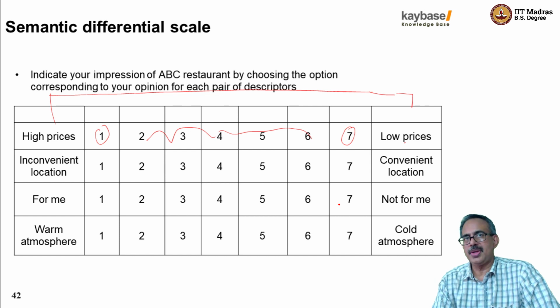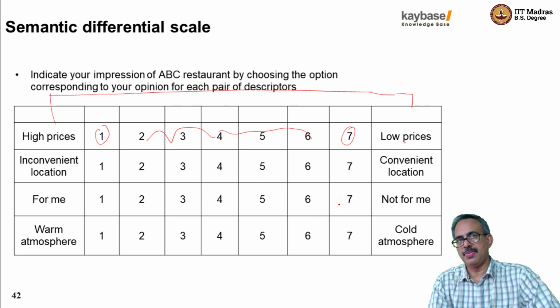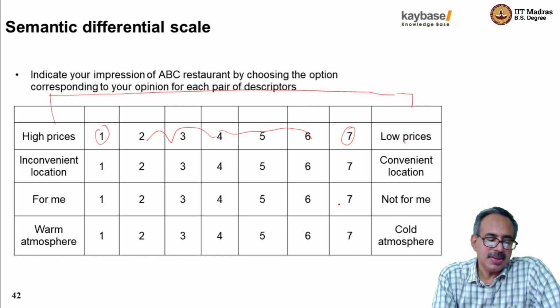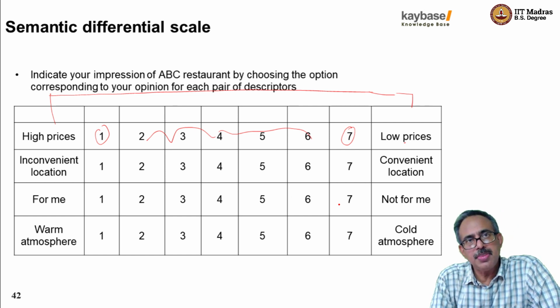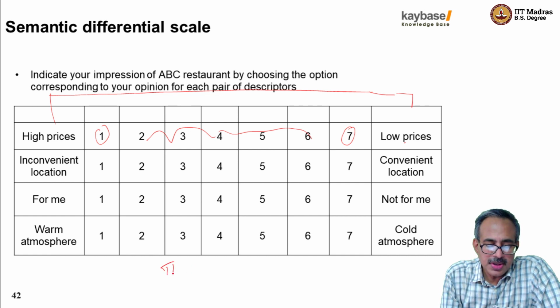Now, our scales are not very different from this either when we give marks out of 10 and so on and so forth, right? Please note that the same questions we can ask, we can get similar, equally reliable results by instead saying, this restaurant has high prices.